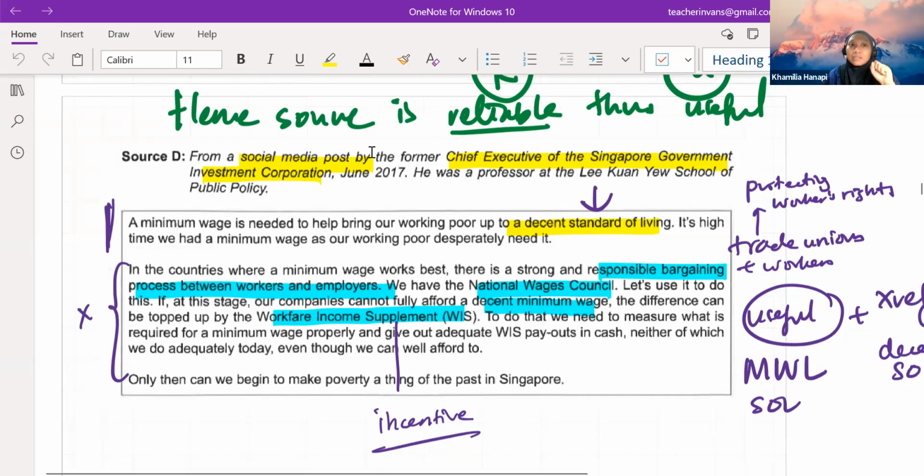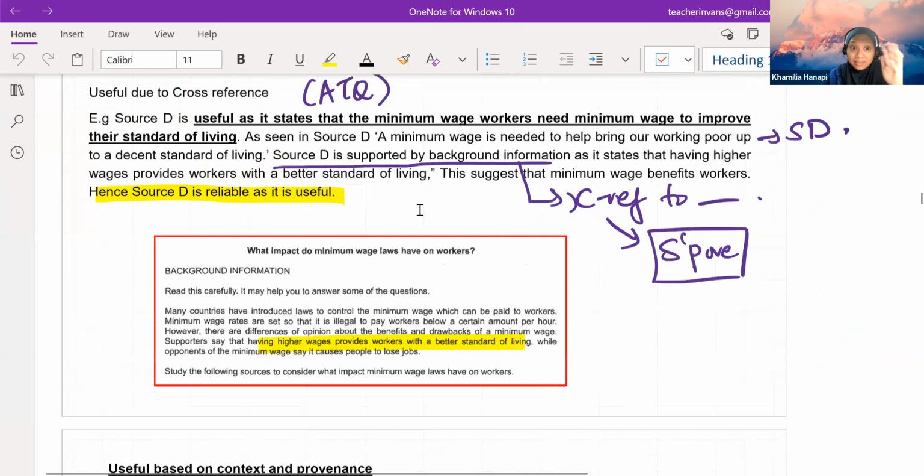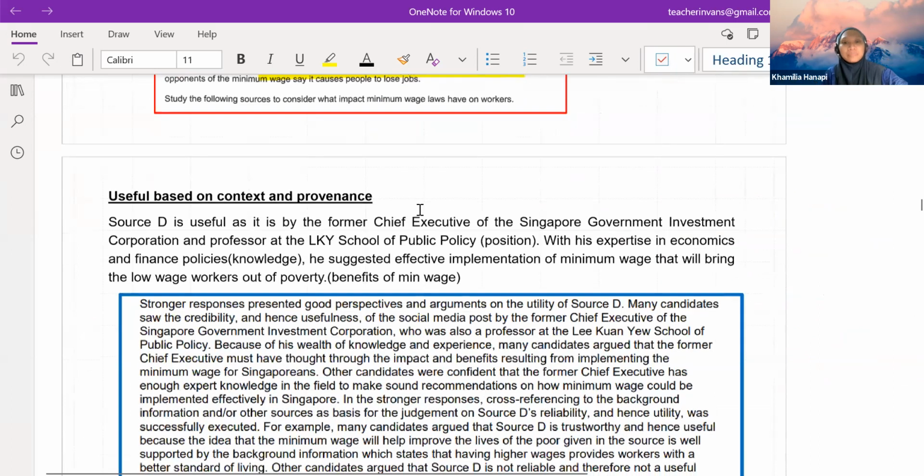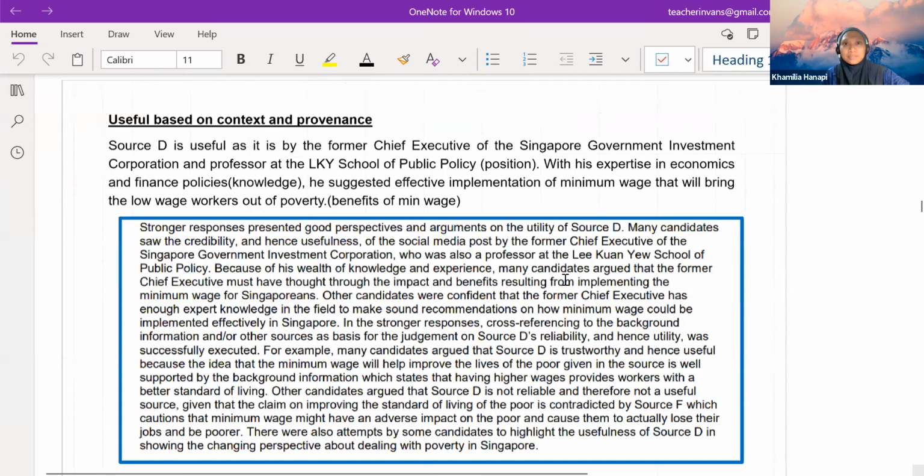Just because something is a social media post and just because it is by a person, yes, you can question the reliability. But because he was a chief executive, his rank, his context, his experience matter. Okay, I hope you can still see the screen, right? It is useful as he is the former chief executive of the Singapore Government Investment, and it was his position.